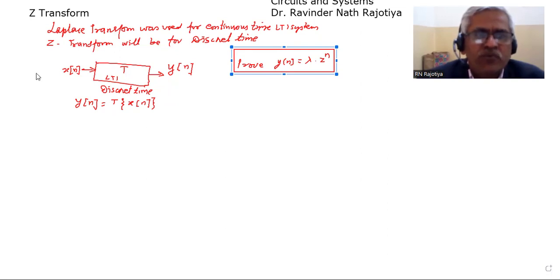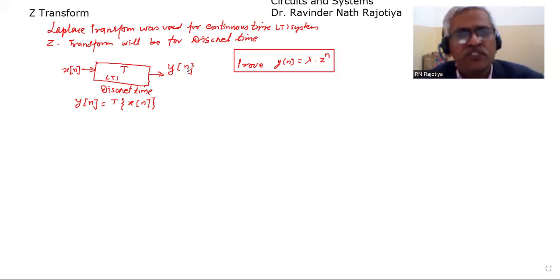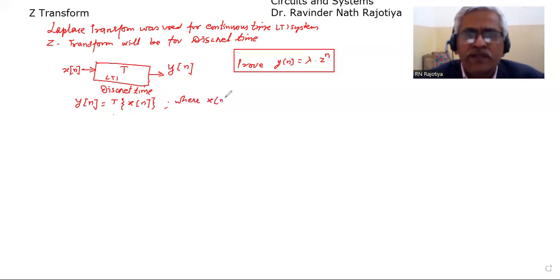And to prove this, how do we start? Assuming that we have a discrete time LTI system represented by T with a discrete time input x of n, the output will also be discrete in nature, called y of n. So we can write y of n is equal to T of x of n, where x of n is equal to z power of n, where z is a complex variable.